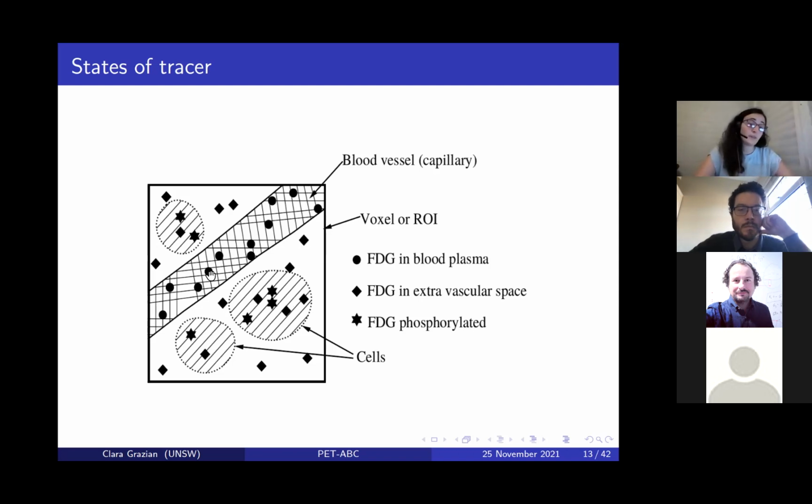One is within the plasma. One is present in the cells and between cells in the interstitial space. And one is seen only in the cells. Compartmental models are then built to describe the connection between the states and describing the fluxes to and the effluxes from each compartment in the form of differential equations.